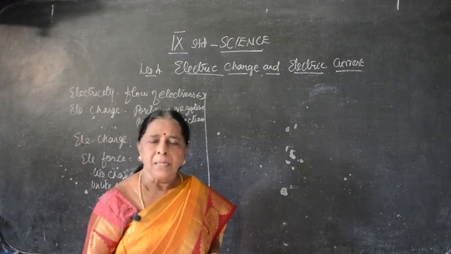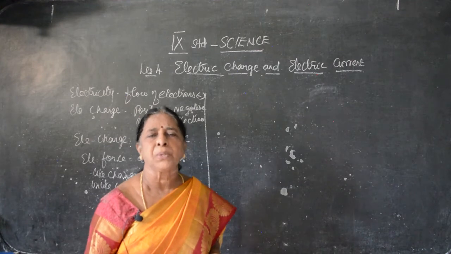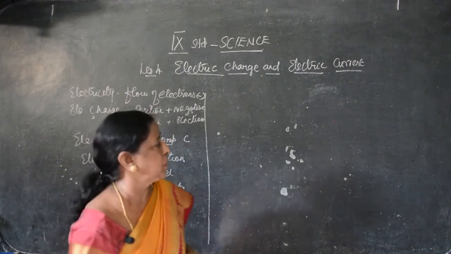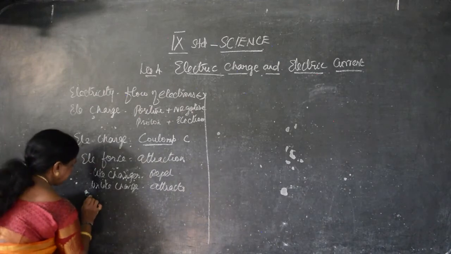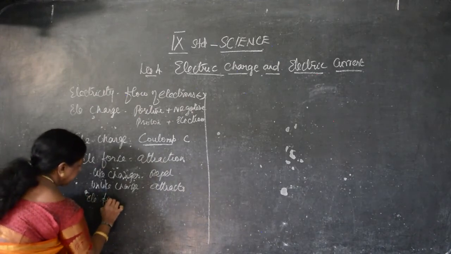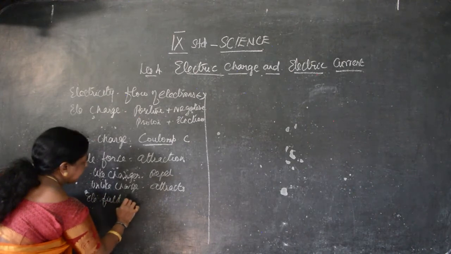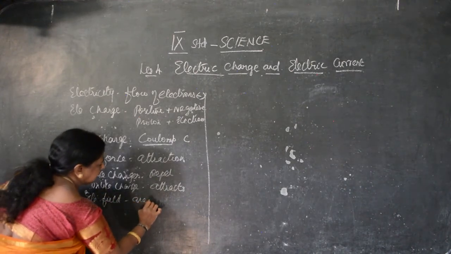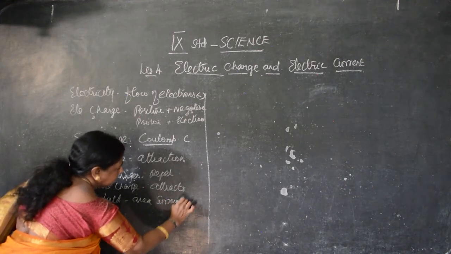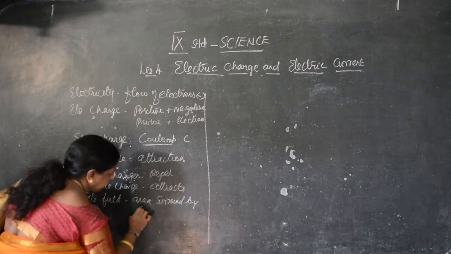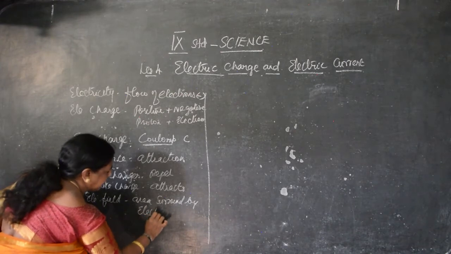So, the area where the electricity passes is known as what? Electric field. Next we have to say what is electric field. The area surrounded by the electricity is known as electric field.